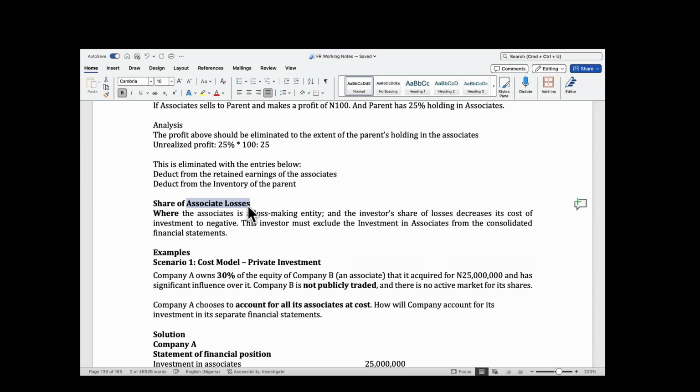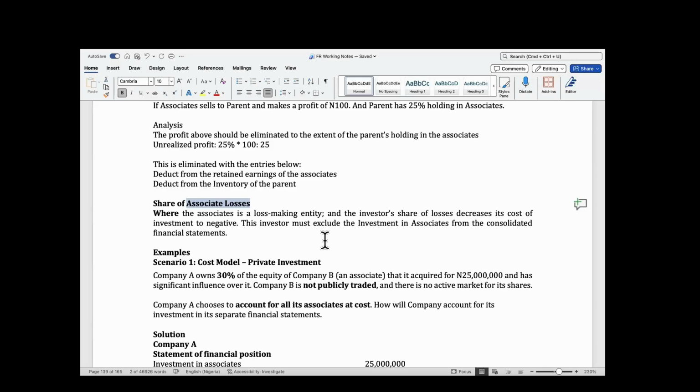So IAS 28, the standard that deals with investment in associates, says that if cumulative losses make your cost of investment negative, as soon as it gets to zero, you stop, just exclude that investment in associate from the consolidated account, because we cannot have an asset that is negative. So as soon as it decreases the cost of investment to zero, you stop. Okay, so that's the principle.